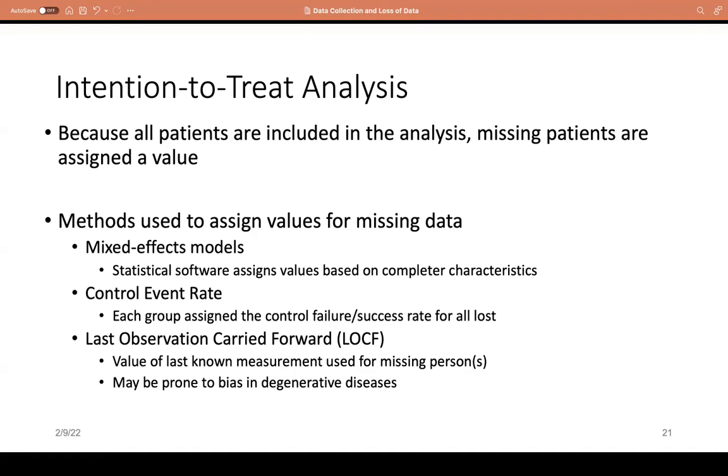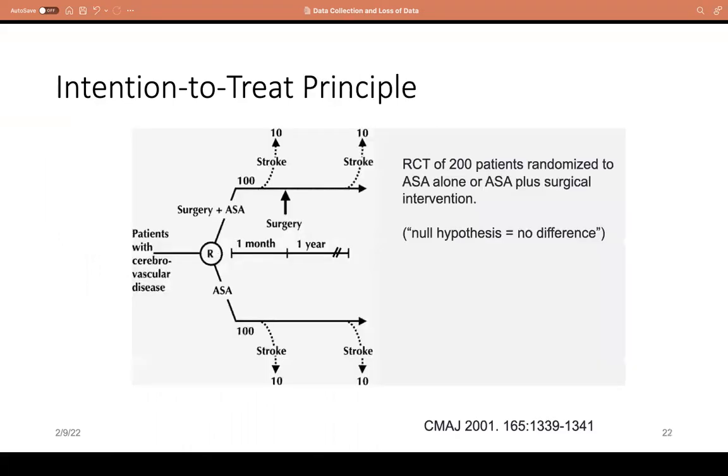It could cause issues if you're looking at things like degenerative diseases. So there are some methods for how to impute this information, and studies should tell you how they do it, so you should look for that. But again, it's beyond this class to understand all aspects of that imputation.